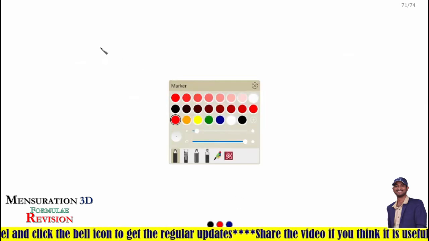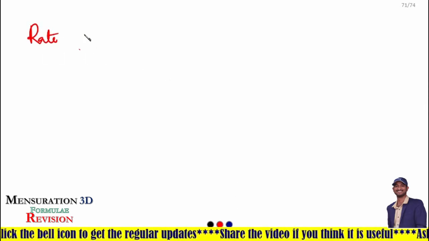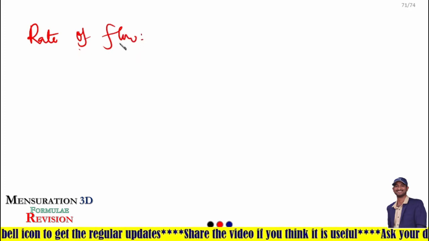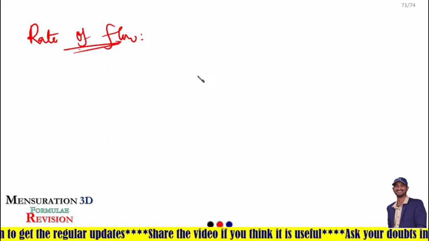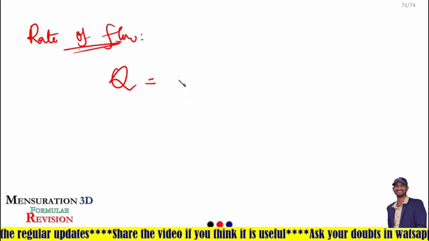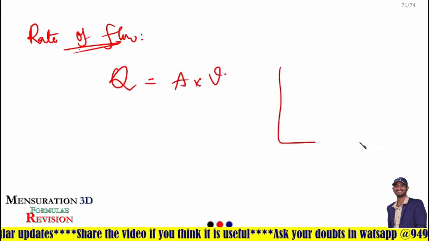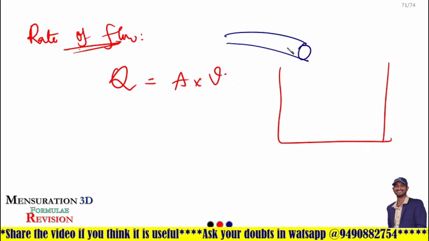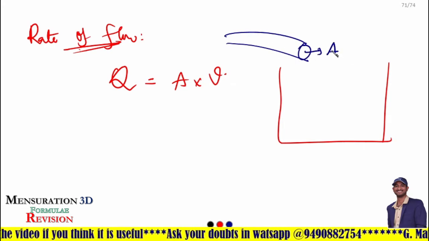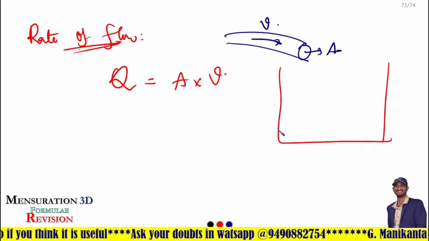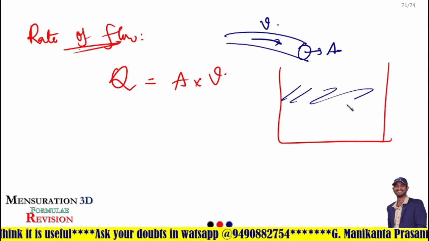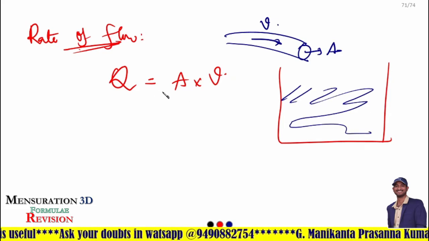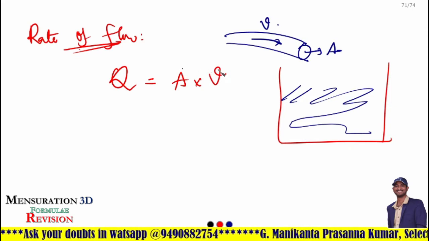Next point is rate of flow. Rate of flow Q equals area into velocity. For suppose there is a cuboidal tank and water is flowing through a pipe of area of cross section A and velocity of flow V, and the rate of flow, or quantity of water flowing through the pipe, is equal to area into velocity.